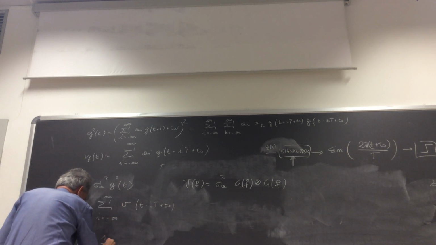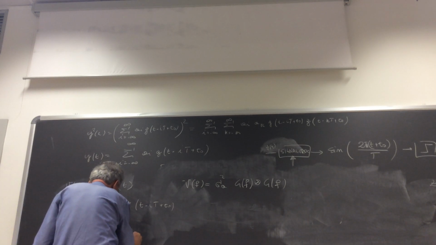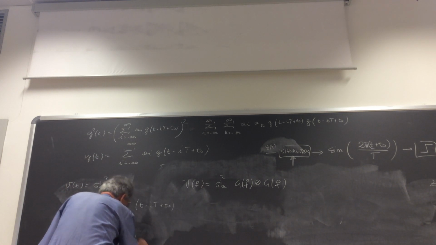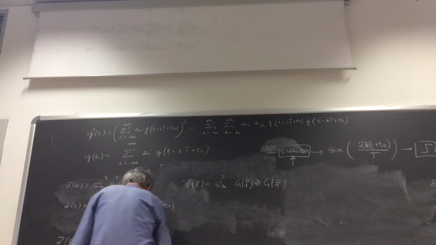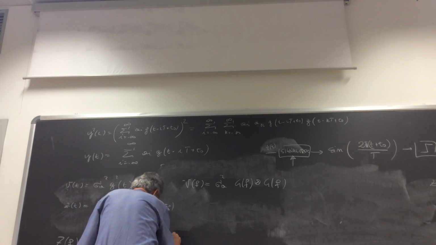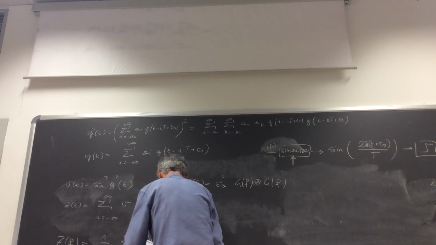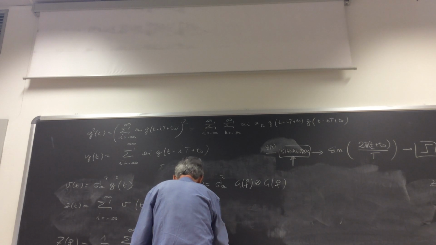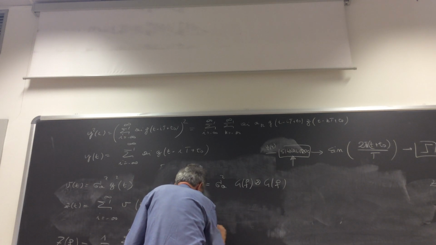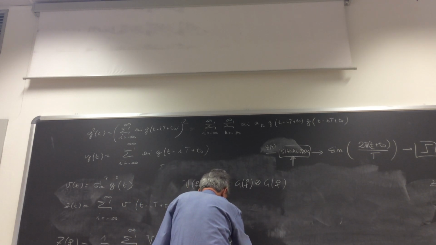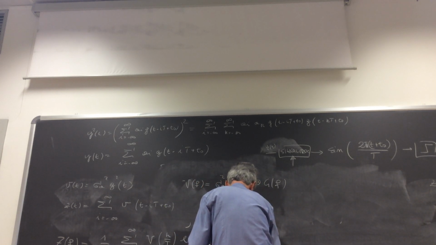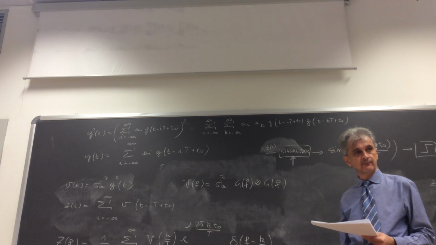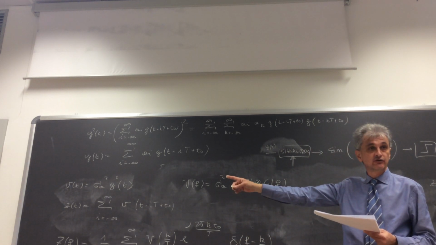So 1 over T because of sampling, the sum for k from minus infinity to plus infinity of V, capital V, at k over T. This is the sampling. This is the effect of the time offset. It becomes in the frequency a complex exponential, and these are the Dirac deltas.